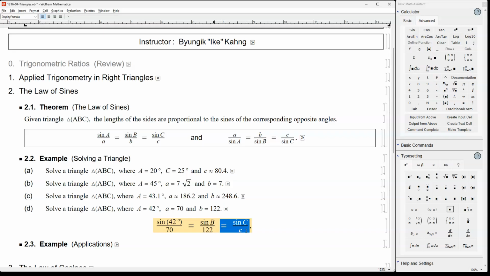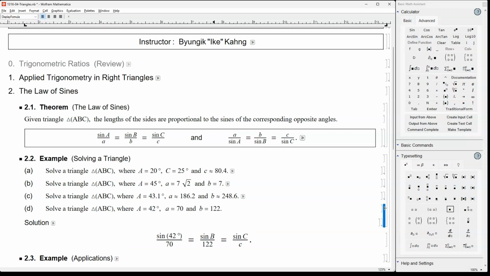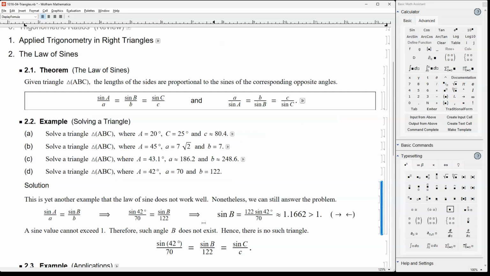And disregarding this, you can find sine of capital B. So let's find out angle capital B. And using those two angles, find angle capital C. And then finally, let's go to small c. Same technique as before. Let's see what happens here.